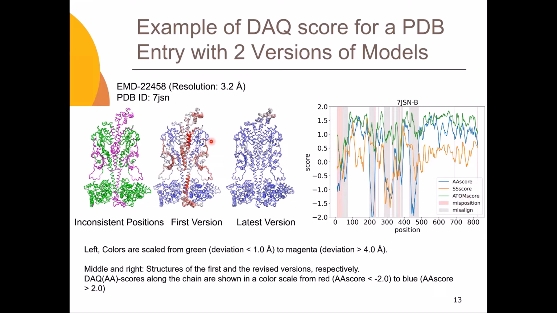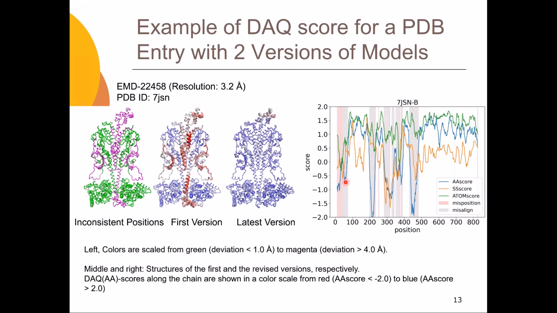The different regions are highlighted in gray here. This region corresponds to the top, and the other regions in gray correspond to alpha helical regions. In the first part, this region remains a negative value even in the second version.